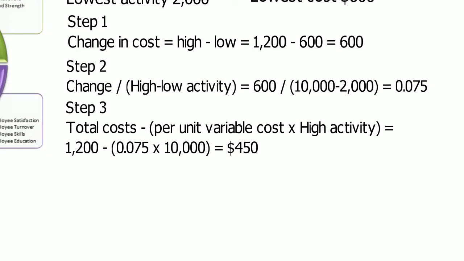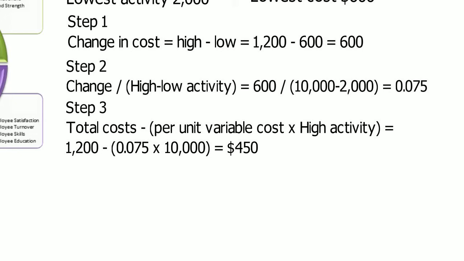So again, it's taking that high $1,200 total costs, minus 0.075 times 10,000, in brackets those last two numbers, and then figuring out what the total fixed cost base is, which in this case is $450.